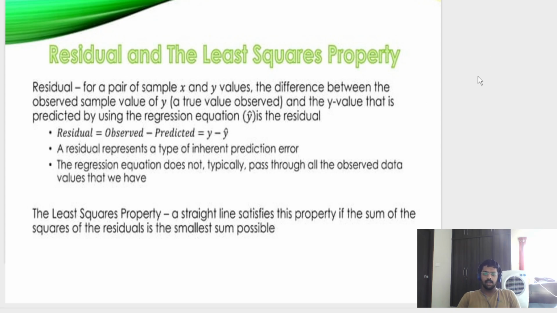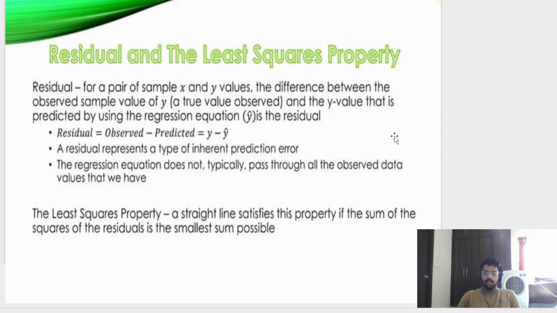Now, residual and least squares property. Residual: for a pair of sample x and y values, the difference between the observed sample value of y, the true value observed, and the y value that is predicted by using the regression equation, y cap, is the residual, equal to observed minus predicted, which is y minus y cap. A residual represents a type of inherent prediction error.